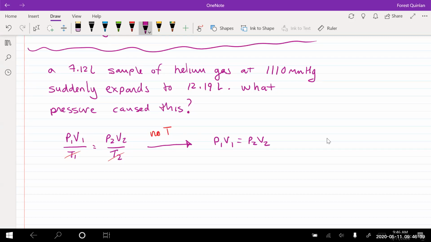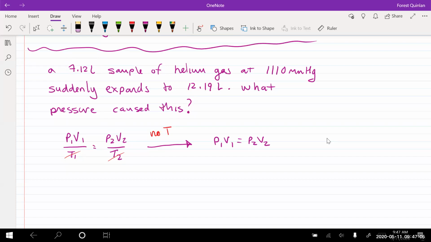Now at this stage, what I like to do is go back up to that problem and start to pick it apart. We have to think of some of our mathematical or grammatical terms in order to identify which of these pressures and volumes go with which. So here I have 7.12 liters.